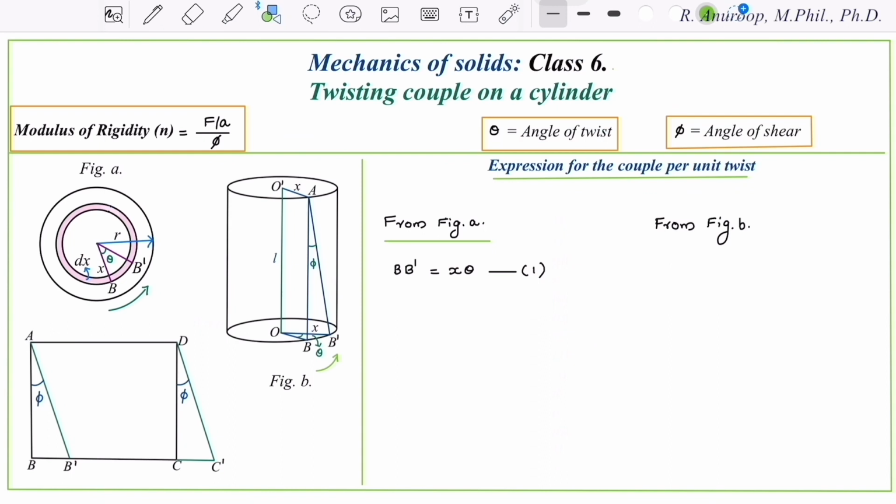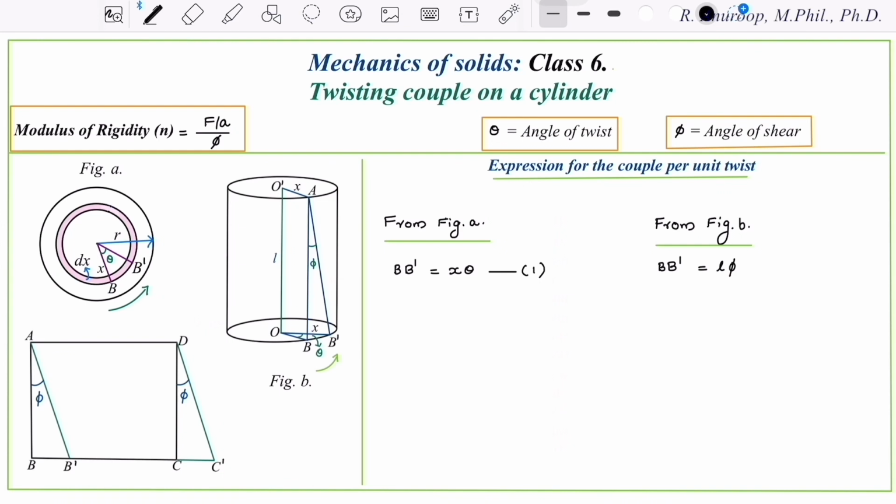Now from figure B, we can write BB dash as L phi, because angle BAB dash is equal to phi and AB is L. So from figure B, BB dash is equal to L phi.